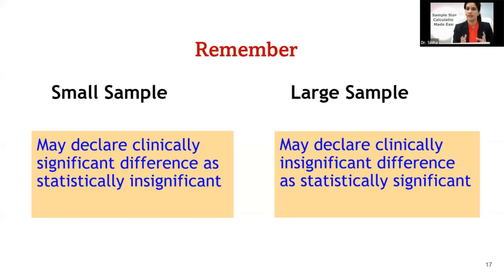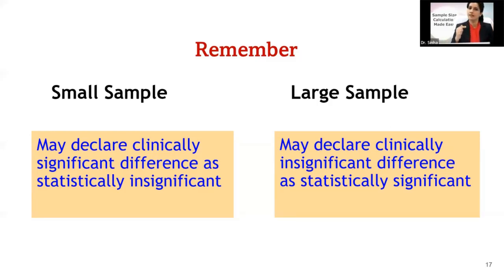So the deviation from an adequate sample size could go either way: in one case the sample size is very small, and in the other scenario it is very, very large. So what is the problem with a small sample?